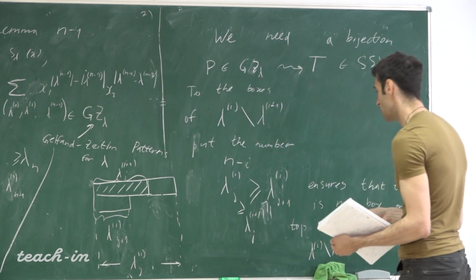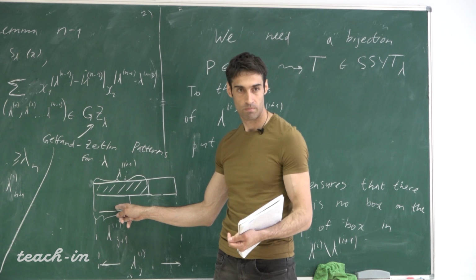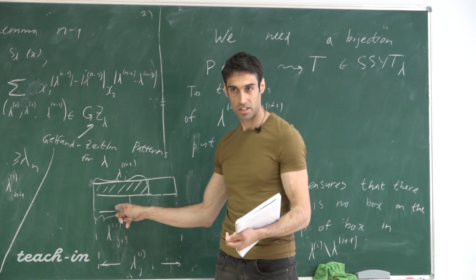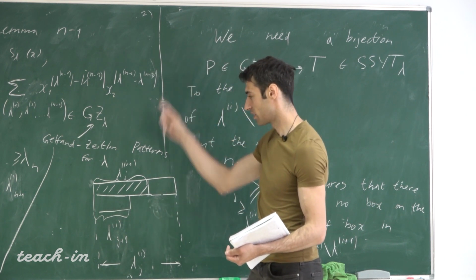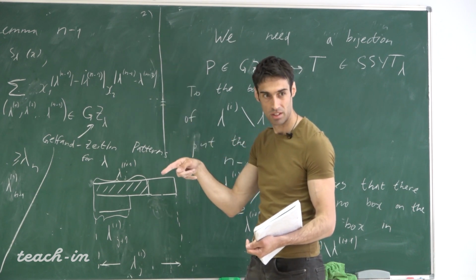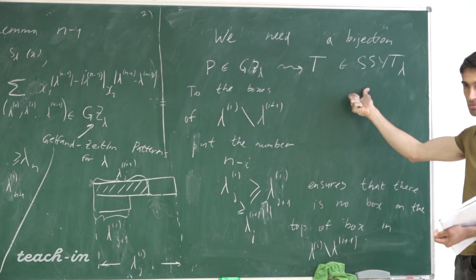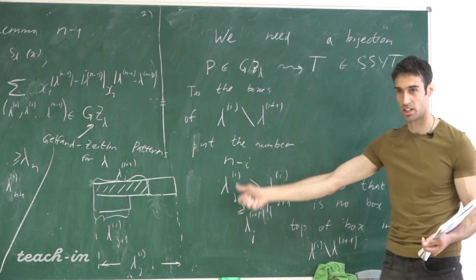You put the same number in here and then in here. And this actually says that you never get a column with the same entry when you do such a procedure. This is because of these local conditions.